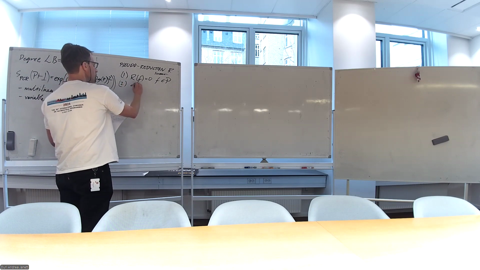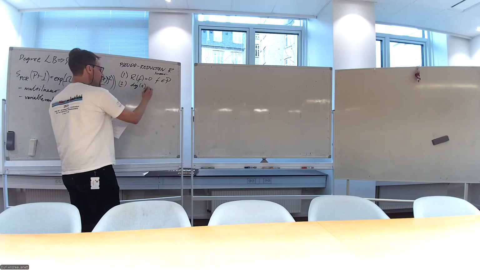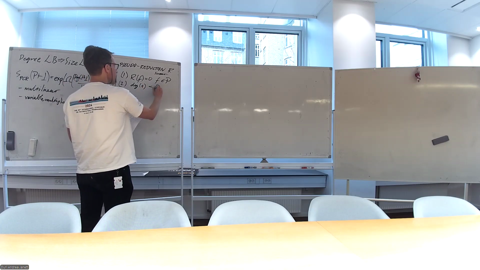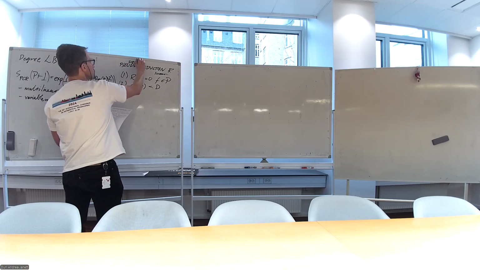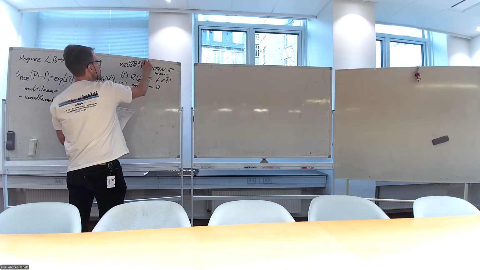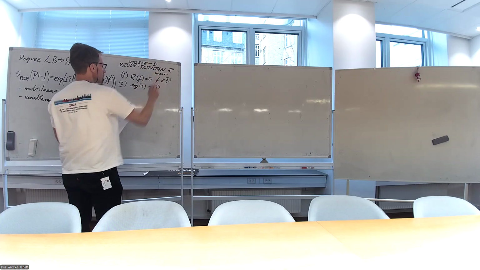For any term, if the degree of the term is strictly less than capital D, which is a parameter, so we're building a degree capital D pseudo-reduction operator.